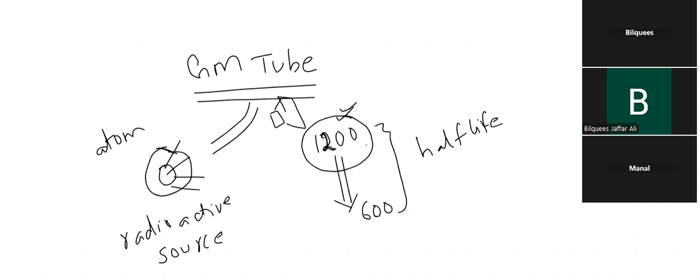Now, this half-life can be 1 minute, days, years, billions and trillions of years. Then its further half will be 300. So that will be its second half-life. Is that clear? Yes, 300.